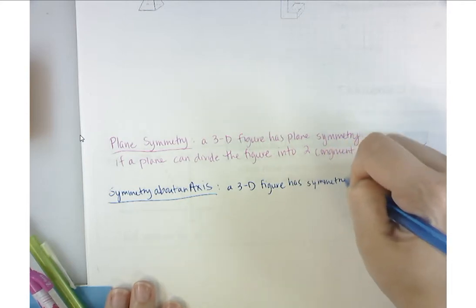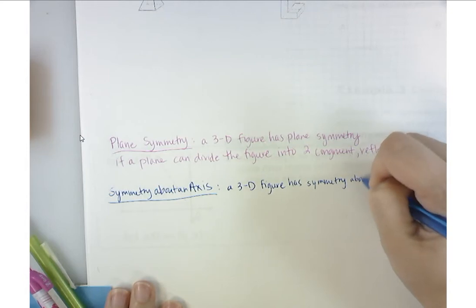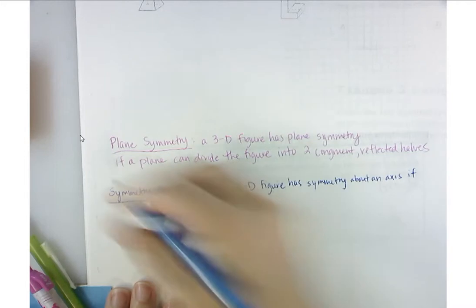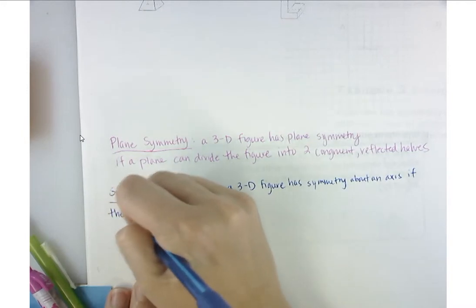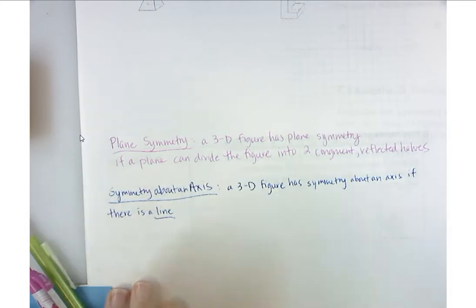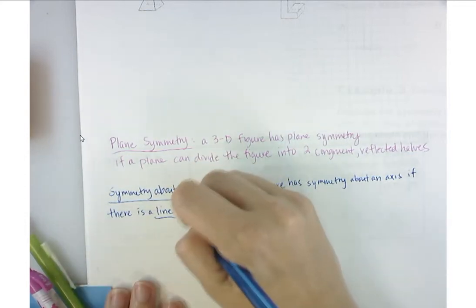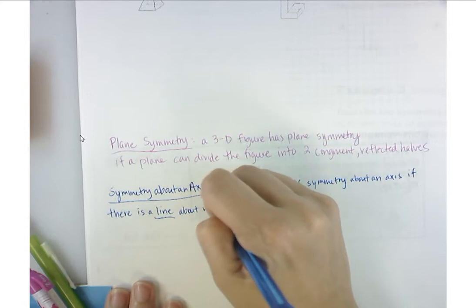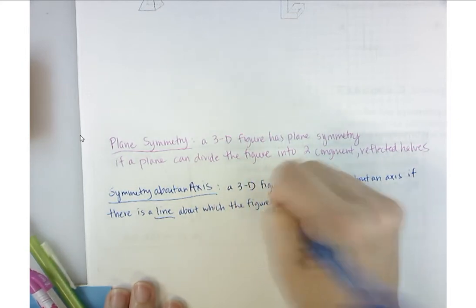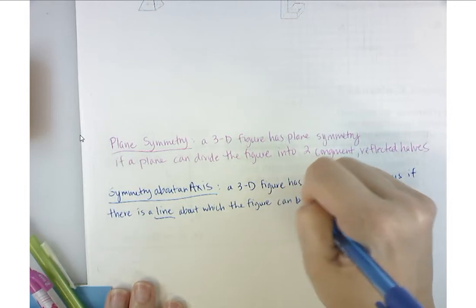So a 3D figure has symmetry about an axis if there is a line about which the figure can be rotated.